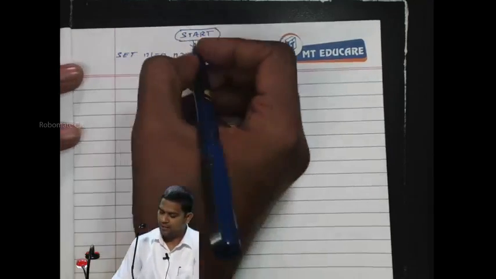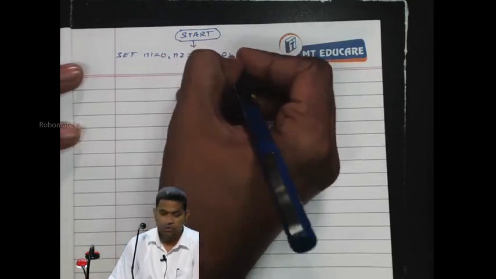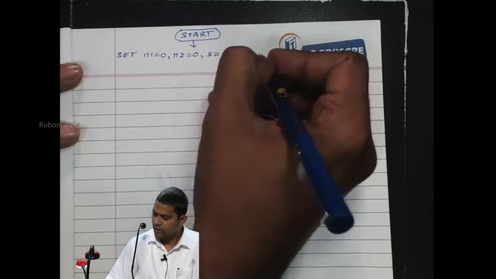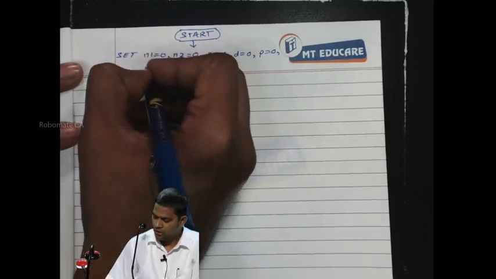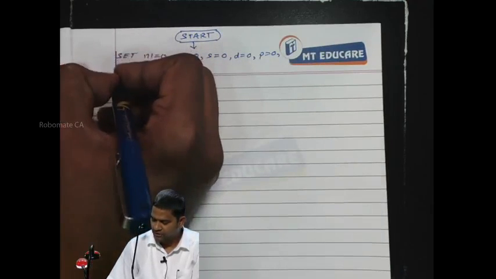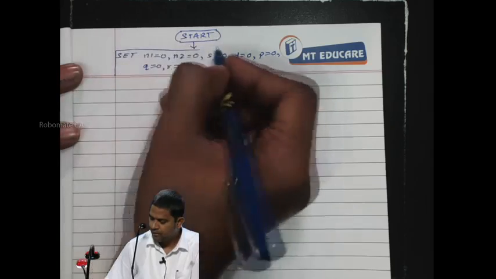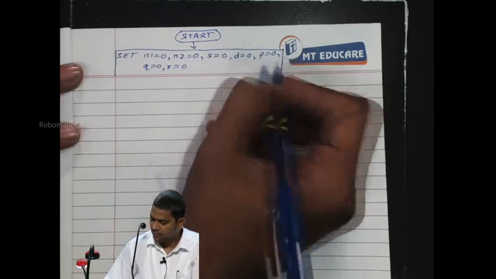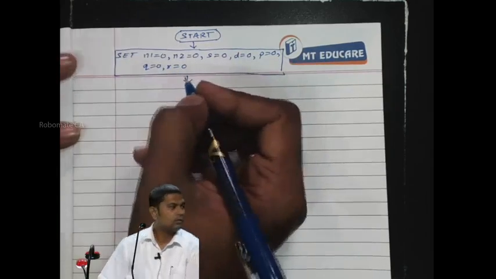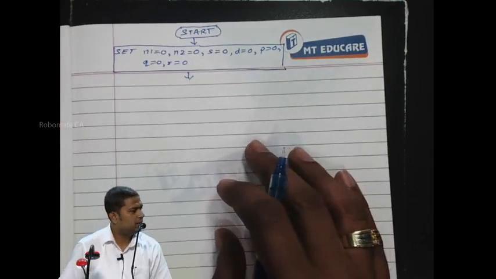Okay. So I am saying S equal to 0, that is for sum, D equal to 0, P equal to 0, Q equal to 0, and R equal to 0. And because this is processing, it is inside the processing box.